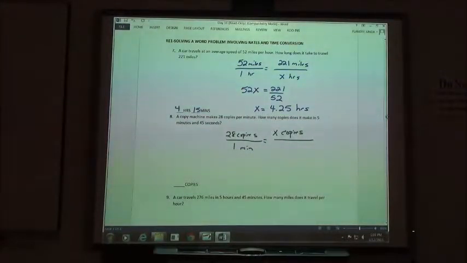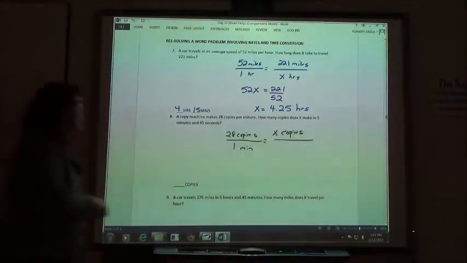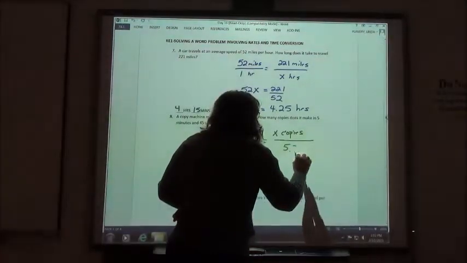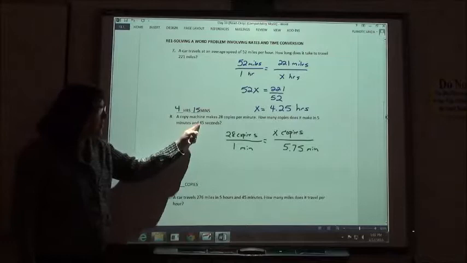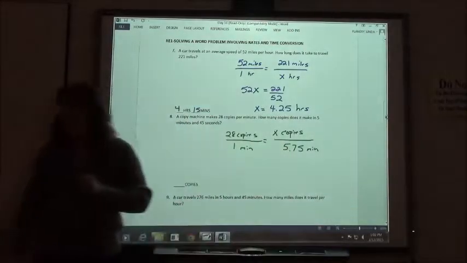45 seconds is still in the 60, but what I could do is take 45 out of 60. 45 divided by 60 is 0.75. So we're going to use 5.75 here. So I changed my 45 seconds into a part of a minute.